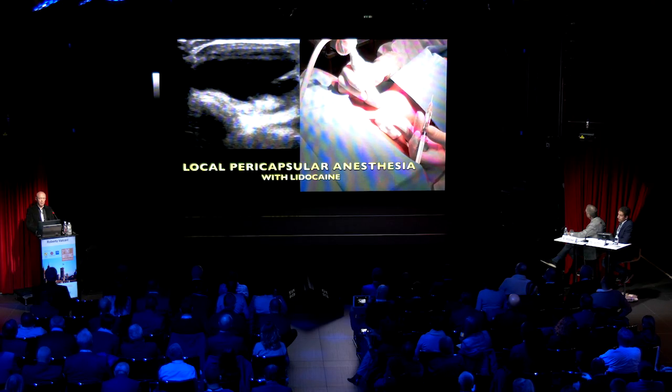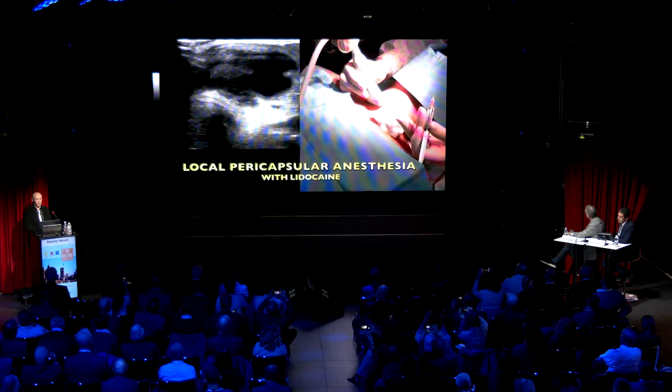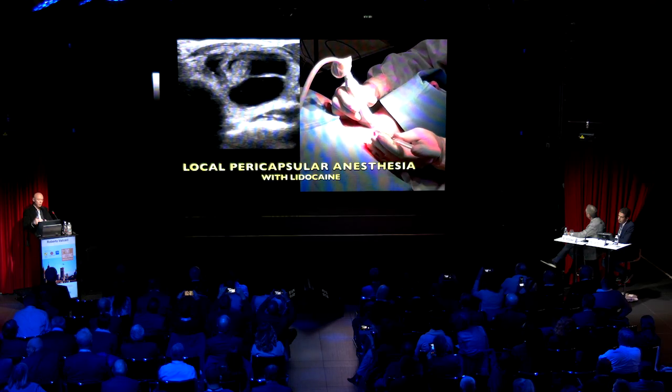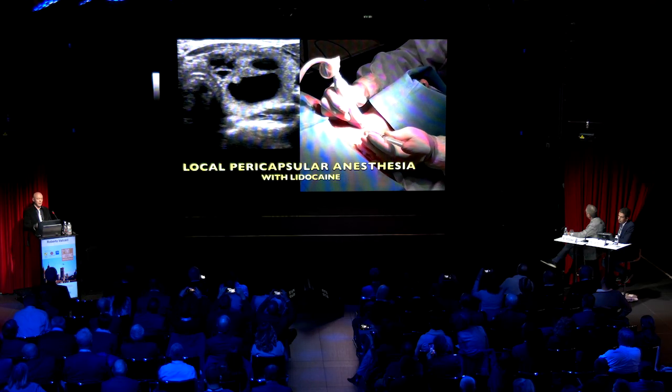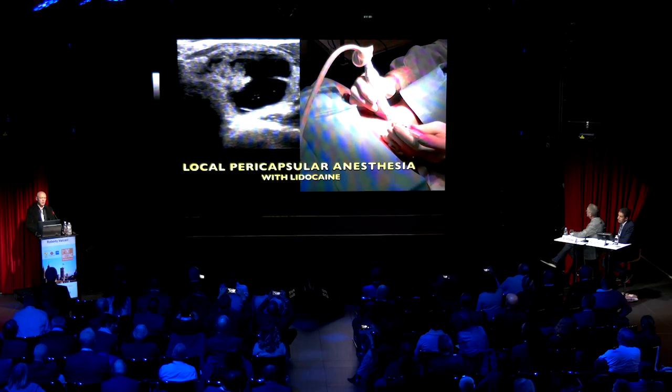So I was sitting behind the patient with a transisthmic approach. In the case of a right thyroid cyst, this is a right thyroid cyst, I hold the probe with the right hand and the needle and the syringe with the left hand. You must invert the use of your hands, and you have to teach yourself to use both hands to do maneuvers.